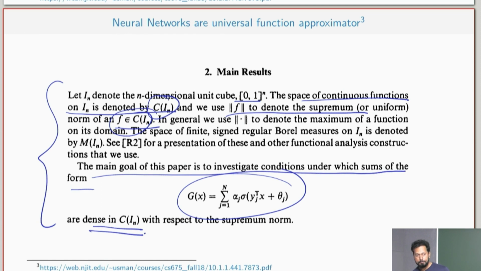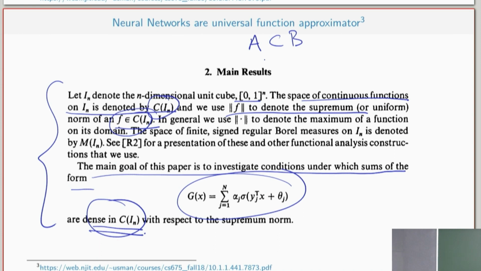What is dense? What is a dense set? Okay, I have not taught this to the UG students. Again, there's a slight extension here. So dense, for example: rational numbers are dense in the reals. Basically, if the closure becomes the full set, then it's dense. A subset A of B is dense in B if the closure of A is B. So what does closure mean?